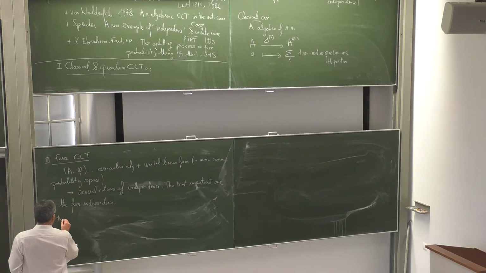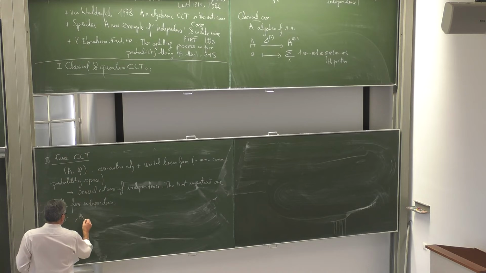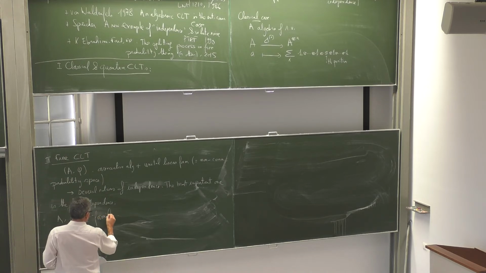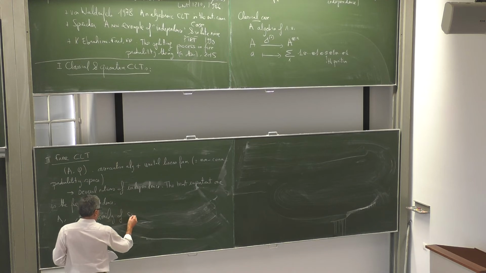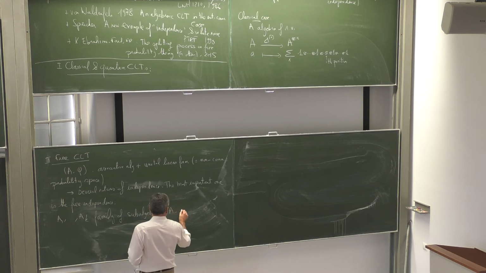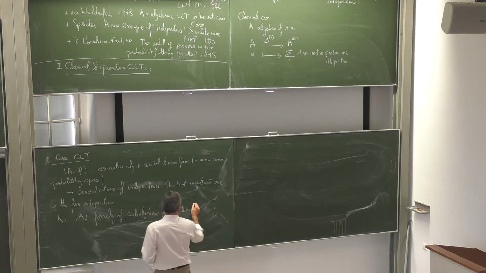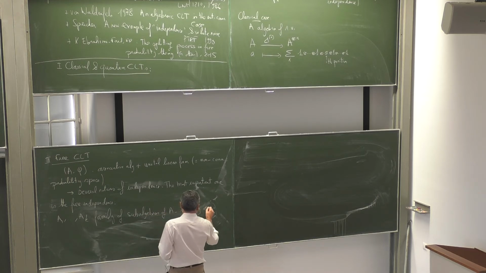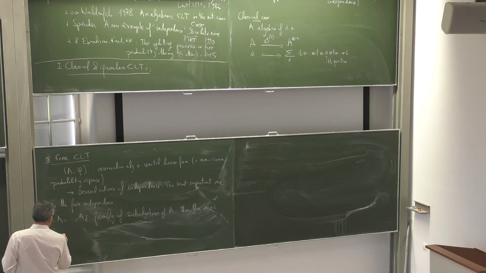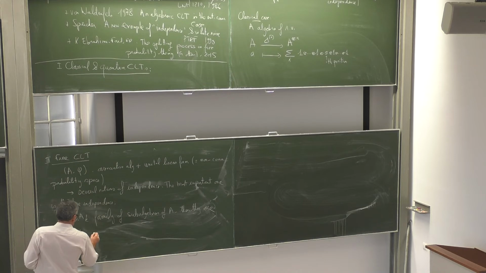Assume that we have a family of subalgebras of A. Then they are said to be freely independent if and only if the following condition holds.